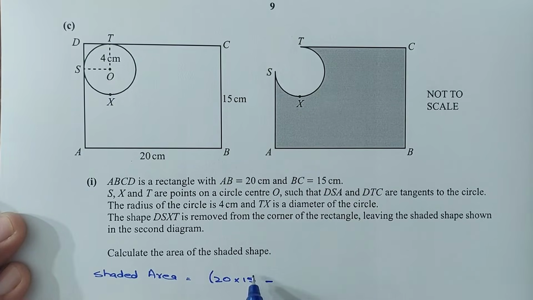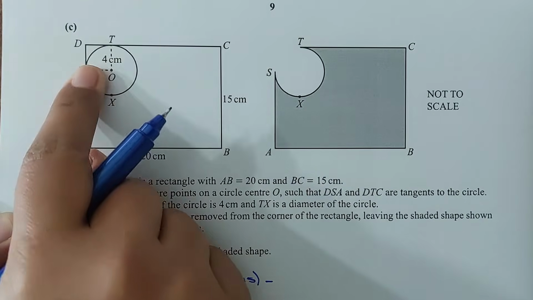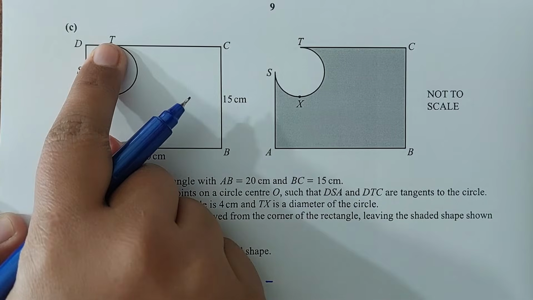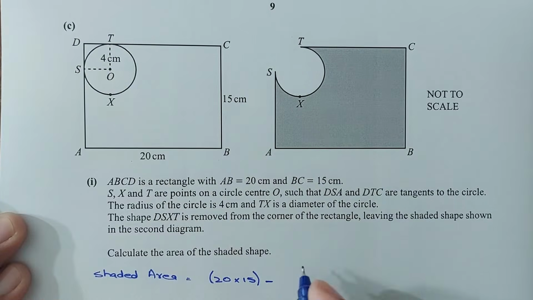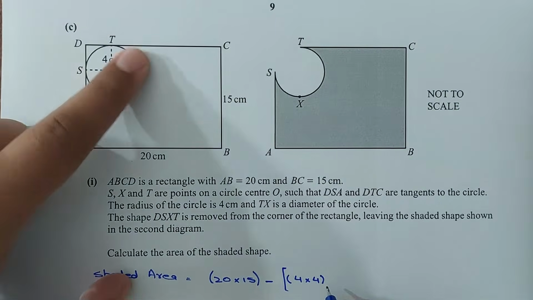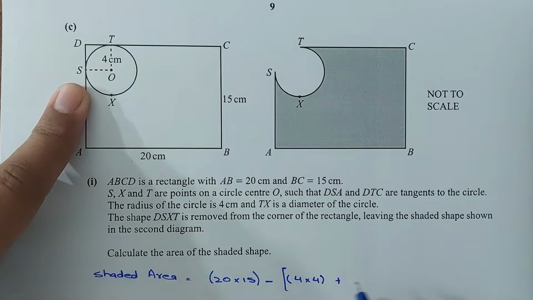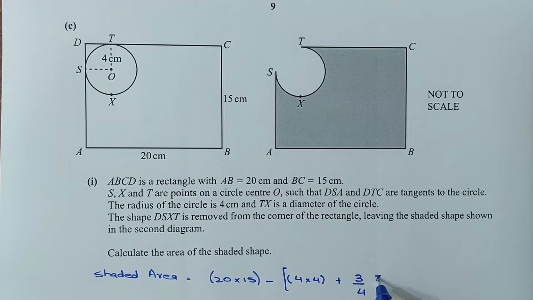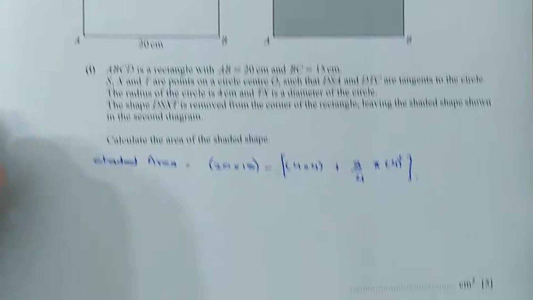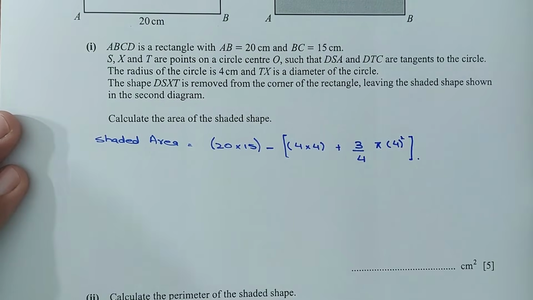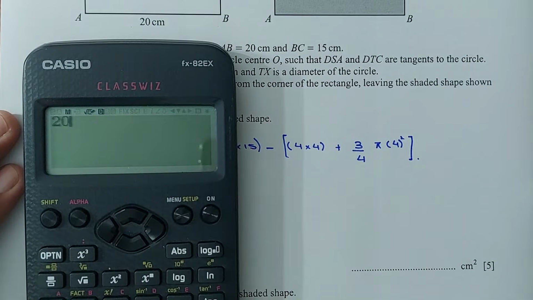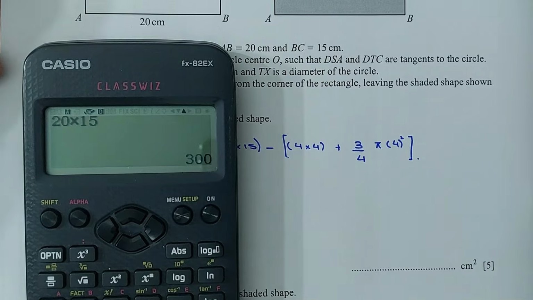Subtract the area of this square, DTOS. The area of a square is 4 times 4. And subtract 3/4 of the area of a circle, where the area of a circle is pi r squared. Let me do the calculation. 20 times 15 is 300.